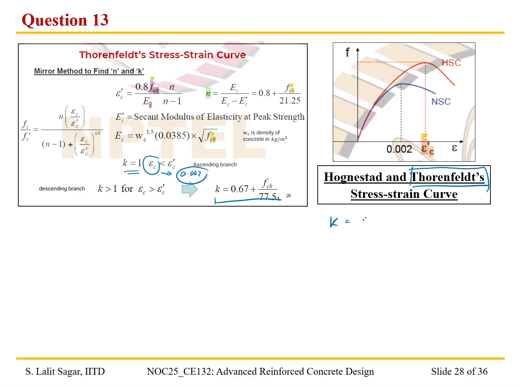So K is equal to 0.67 plus FCK divided by 77.5. How do you find out FCK?